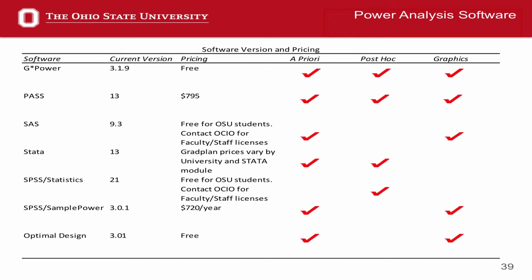And SPSS only does post hoc power, which really isn't that useful for planning studies. The last program on the list is called Optimal Design, another free program that's used for multi-level analysis or meta-analysis. If that's something you're interested in, I recommend downloading the program and playing around with it, but we're just going to focus on G-Power today.